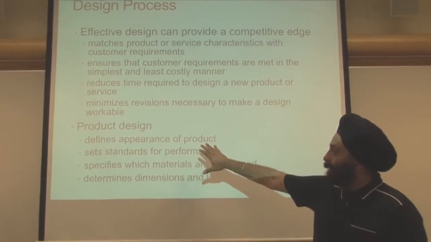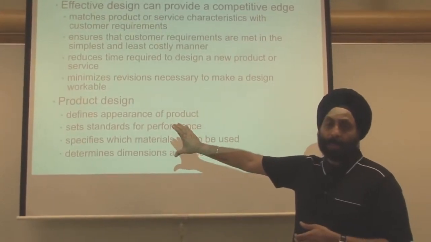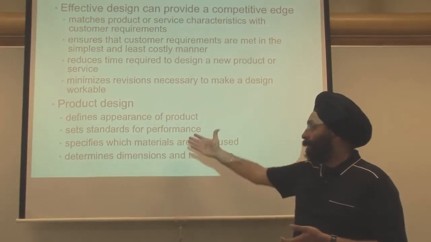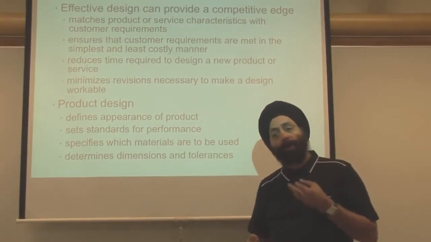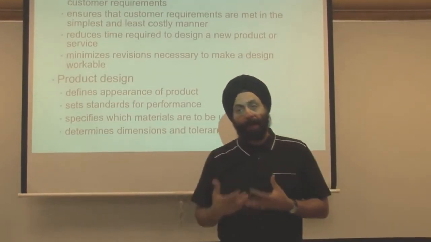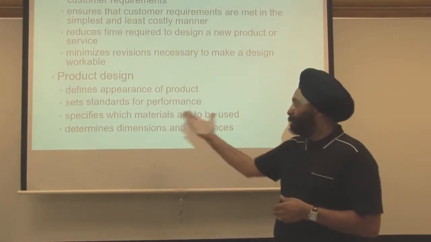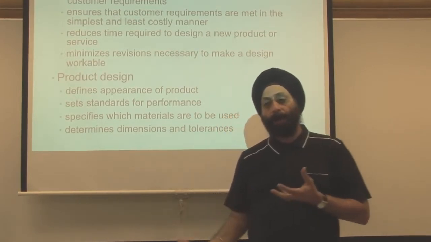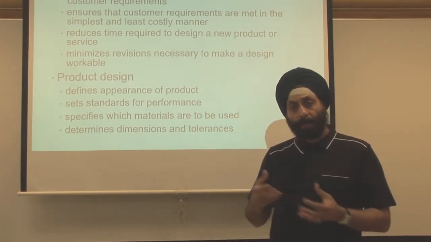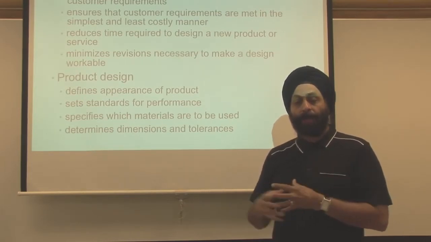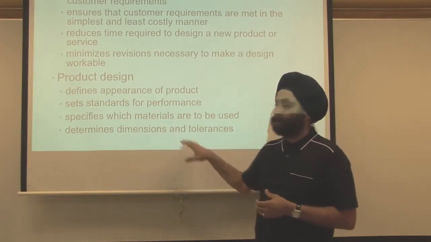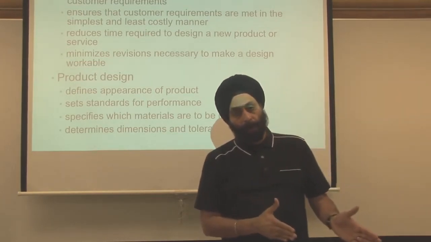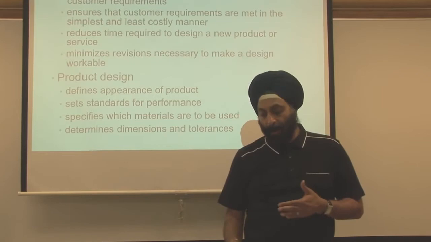Product design defines how the product will look, the appearance of it, what the standards for performance are, how this product will be judged against what metric, and specifies which materials are to be used, what components, or what specific way of putting it together, and determines the dimensions and tolerances in order to see if things are of good quality in terms of specification.